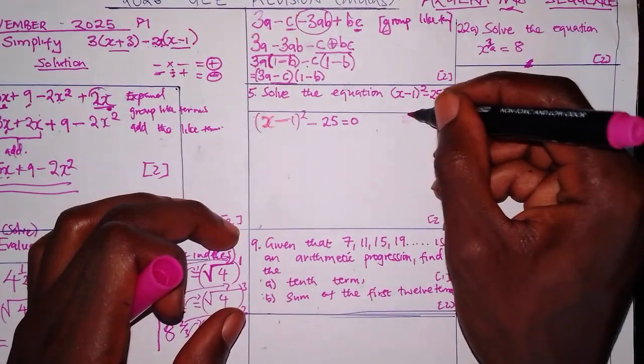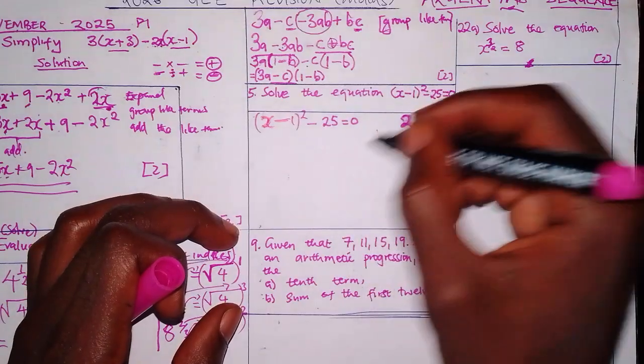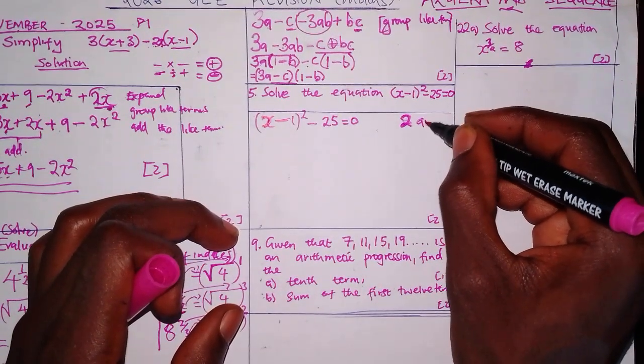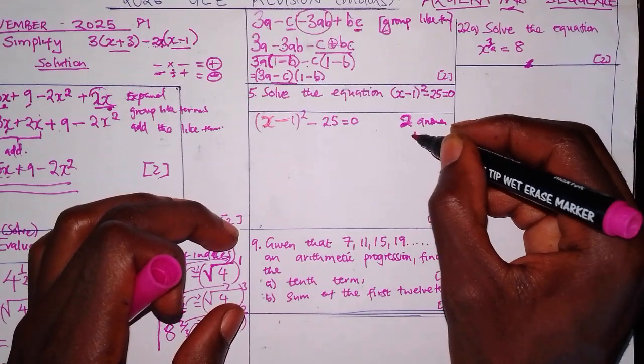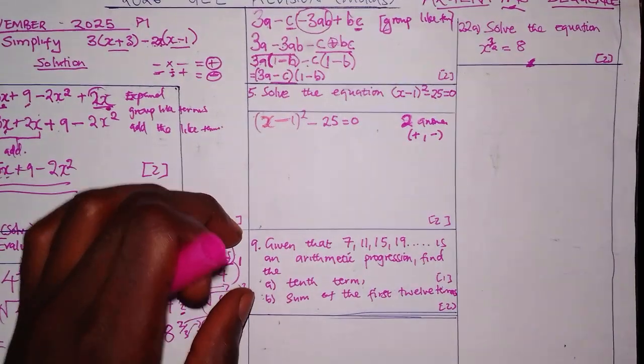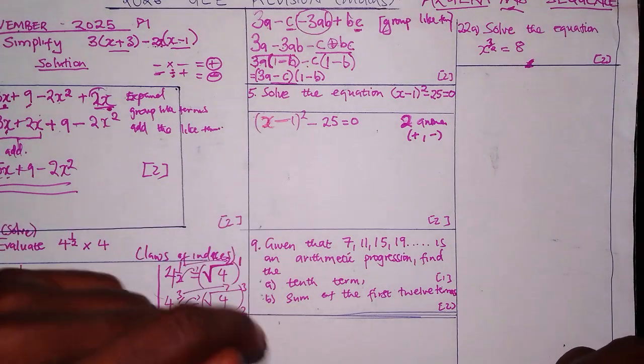So always, whenever you have a quadratic equation, what should come into your mind are 2 answers, one positive and the other one negative. So whenever you see a 2, remember quadratic. Yeah.